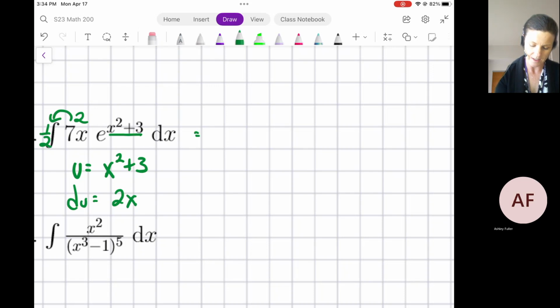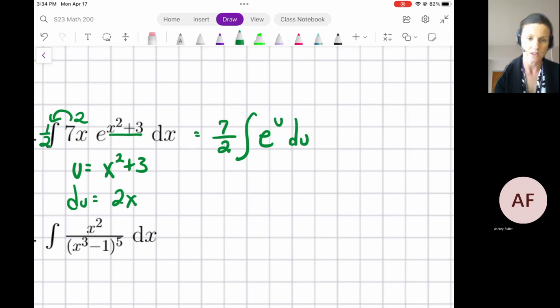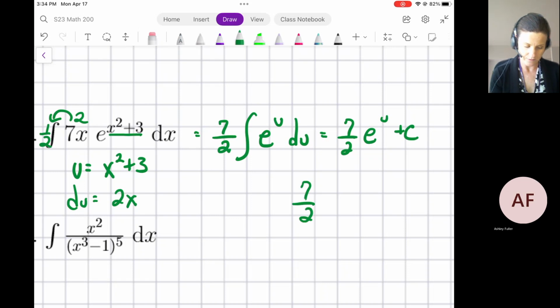Notice the 7 can then come out front, and so I'm left with 7/2 integral of e to the u du. Our rules for integration give us 7/2 e to the u plus c, and then we simply plug back in our value for u, giving us 7/2 e to the x squared plus 3 plus c.